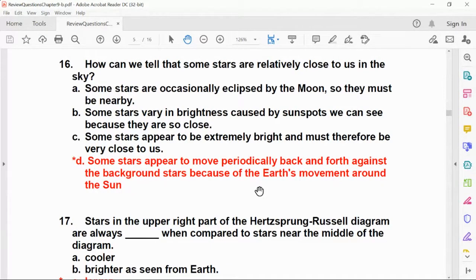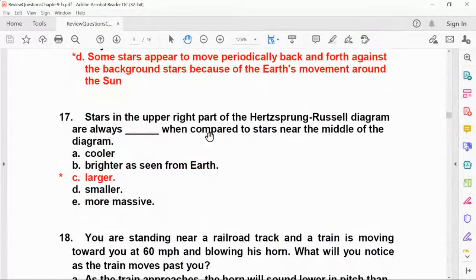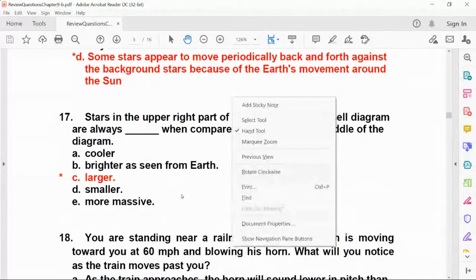You know that the Earth is revolving around the Sun, and that may allow us to see the stars moving back and forth a little bit. That's when they are very close to us. But if they're further away, we're not going to notice that. Stars in the upper right part of the Hertzsprung-Russell diagram are always larger, giants and supergiants, when compared to stars near the middle of the diagram.